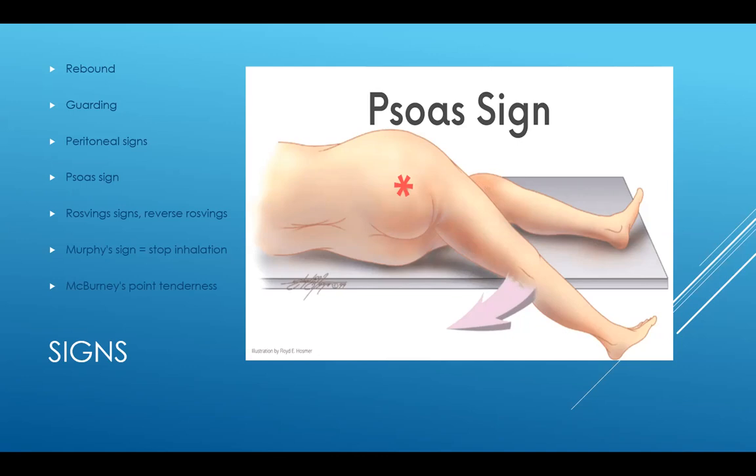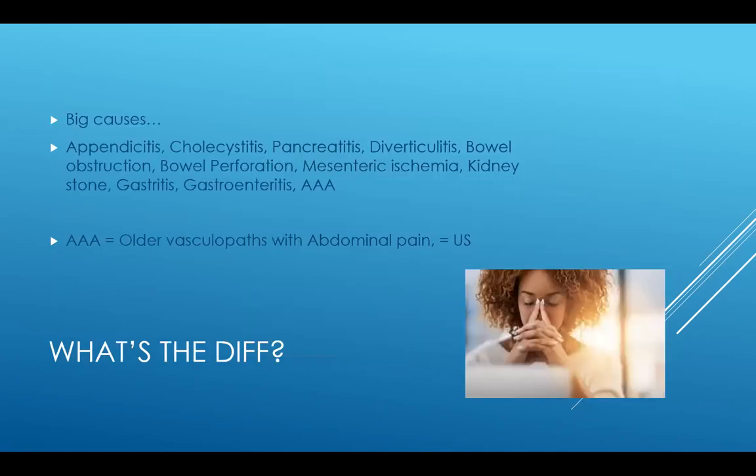You can also have a kid jump on his right foot, run in place. Those are all things that would cause the peritoneum to be jiggled and would cause pain, probably in the right lower quadrant when elicited. So what's the differential? Well, we've got a huge amount of differentials here, right? There's definitely more causes of abdominal pain than we can even list here.